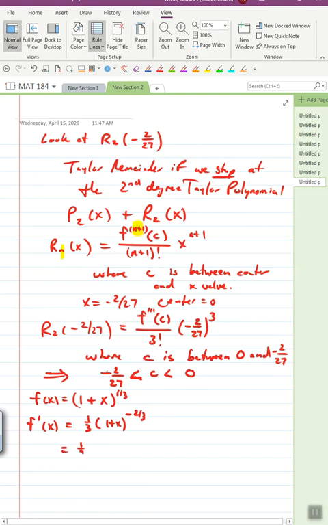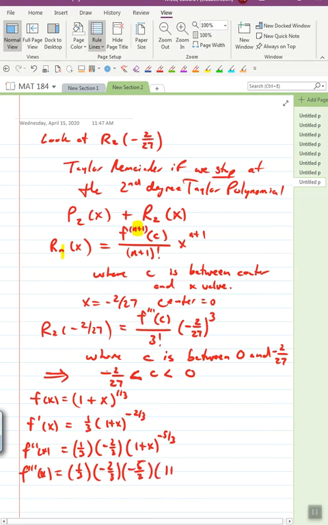The second derivative is 1/3 times negative 2/3 times 1 plus x to the negative 5/3. The third derivative, which is the one I want, is 1/3 times negative 2/3 times negative 5/3 times 1 plus x to the negative 8/3. So far, so good?